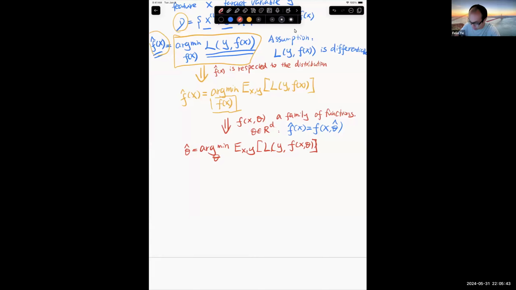If we think about a family of functions, this is equivalent to choosing a certain type of model, for example linear regression, logistic regression, or all sorts of different models. Almost all the models have some parameters that you need to learn.